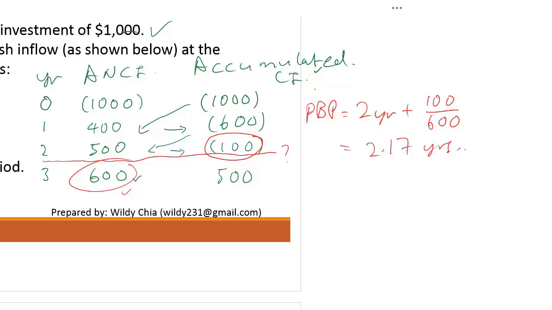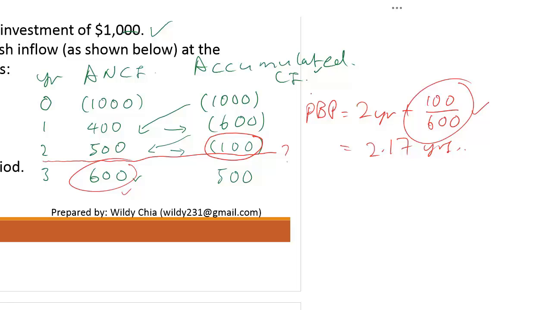Now if you are sharp enough, you have noticed that this calculation makes one very big assumption: that cash flows relating to this project occur constantly over the period of the project. So this is one assumption that is made, which is one of the issues of the payback method, because the payback method assumes that cash flows happen predictably, constantly over the year.